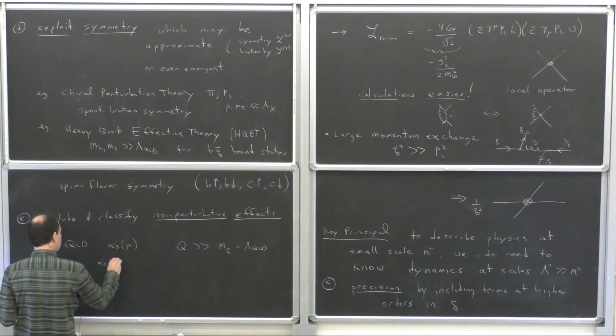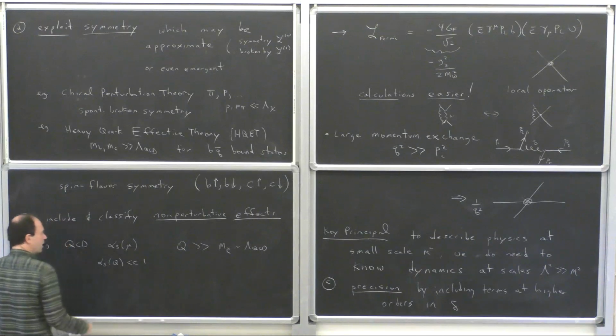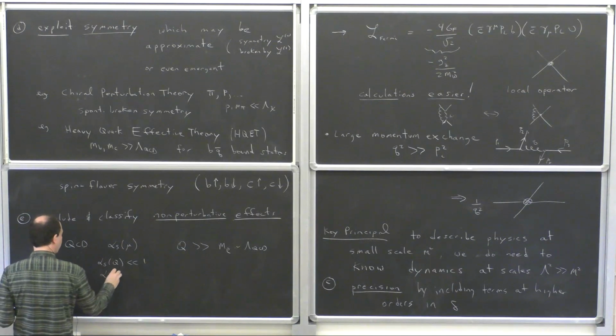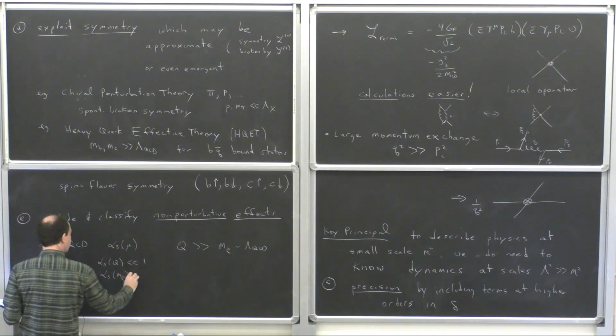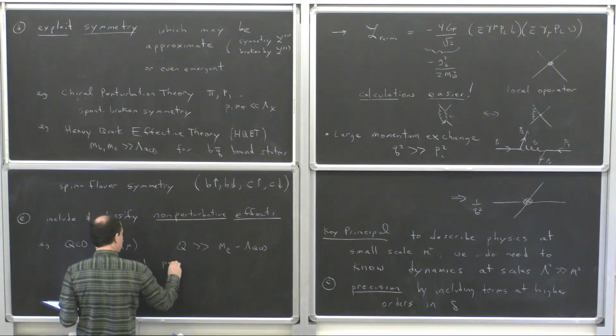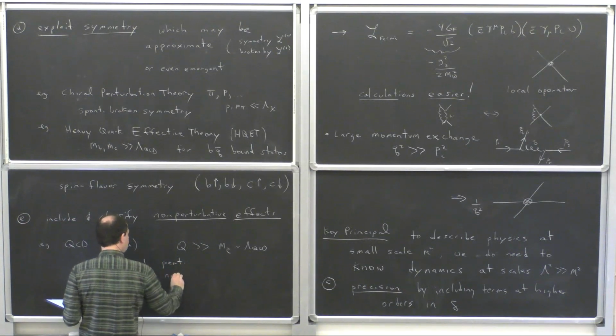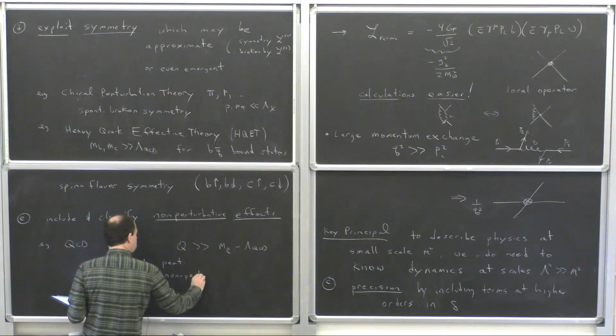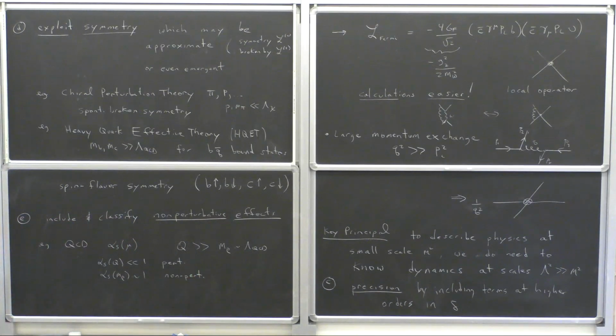Alpha of Q is small, and the couplings down at M rho are big. Okay, I'll just say they're order 1. So there's perturbative physics and non-perturbative physics simultaneously in the problem, and just by separating the scales, you can figure out what the physics is that's non-perturbative and what the physics is that's perturbative.